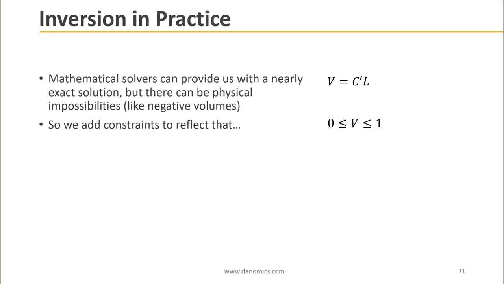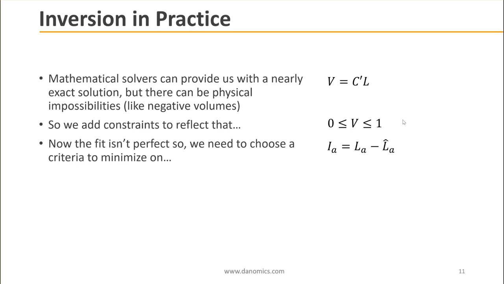We need to say the volume of any mineral is going to be greater than 0 and less than 1. And once we've done that, we're not going to get a perfect answer anymore. So now we need to decide to minimize on some criteria. So we might say that our actual log minus our predicted log gives us some value of incoherence. So let's minimize on that.